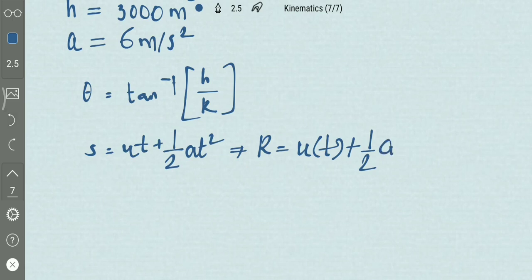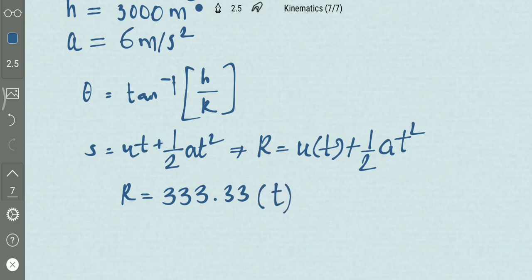If it is not moving with any acceleration, the second term will be 0, but it has an acceleration of 6 meters per second squared. So R equals the initial velocity, 333.33 meters per second, into t, which we don't know, plus half into 6 into t squared.